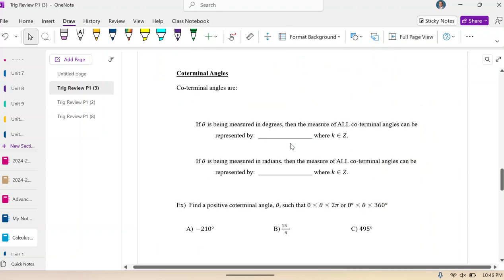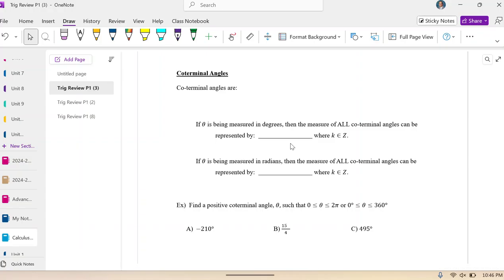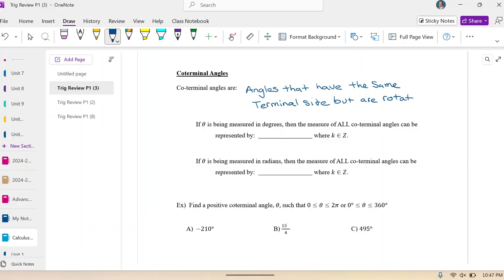So now coterminal angles. Remember, coterminal angles are basically angles that have the same terminal side, but are rotated differently.